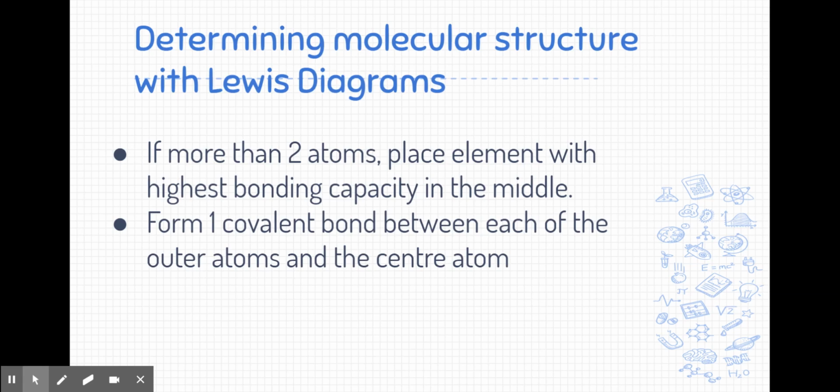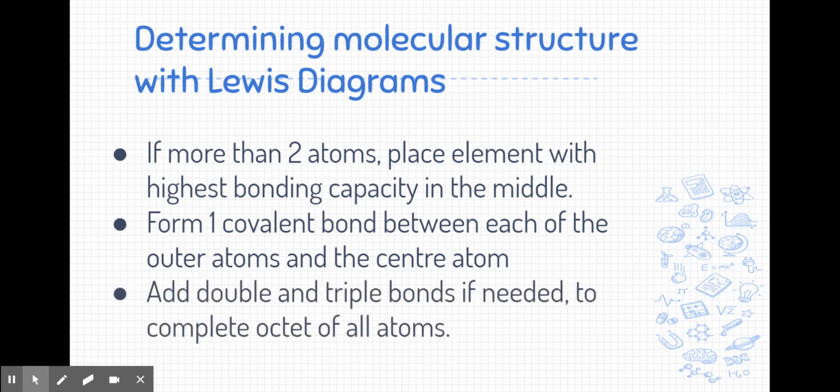And then you're going to form a single covalent bond between all of the outside atoms and the center atom. And that makes the molecule. So now you've connected all the atoms, and then you're going to check to make sure that each atom has an octet. And if they don't, then your final step is going to be adding double and triple bonds, if they're needed, to complete the octet of all atoms. So let's now take a look at a few examples of how we do this with covalently bonded molecules.